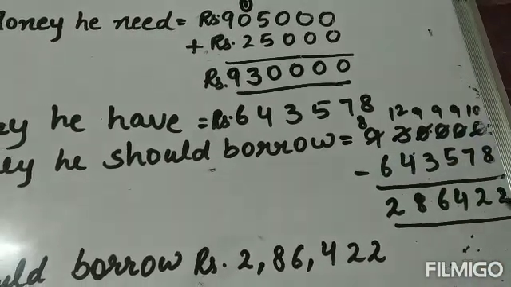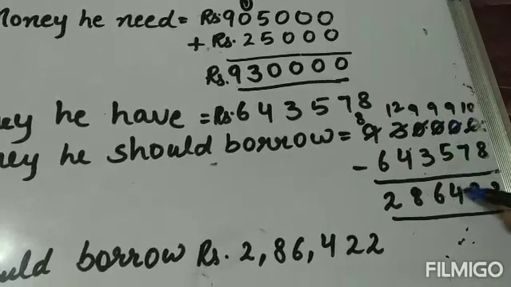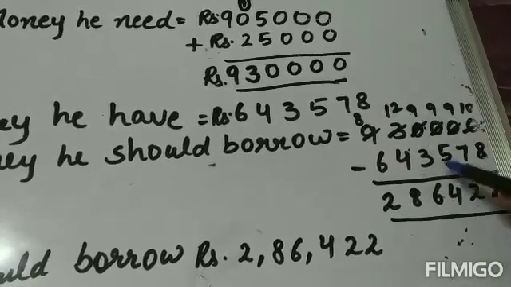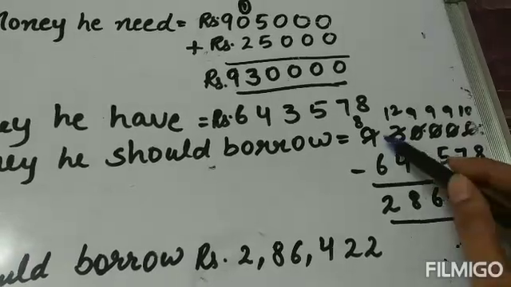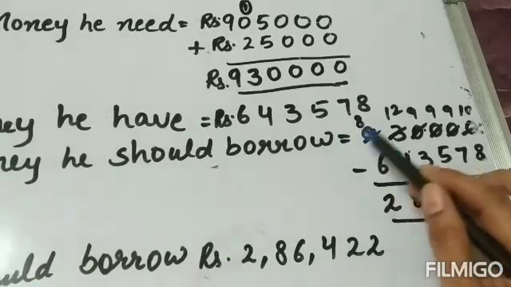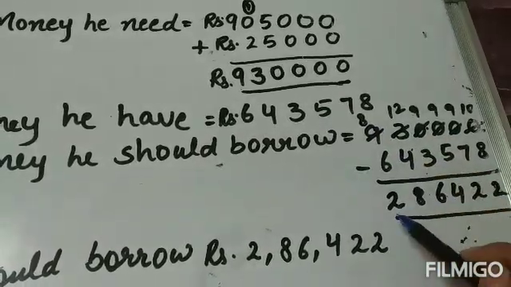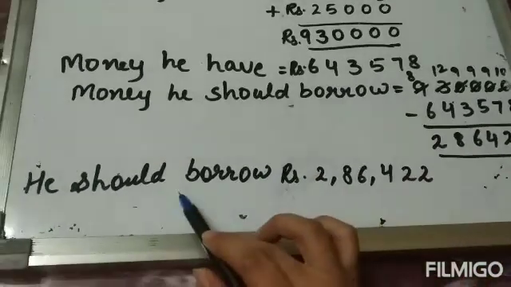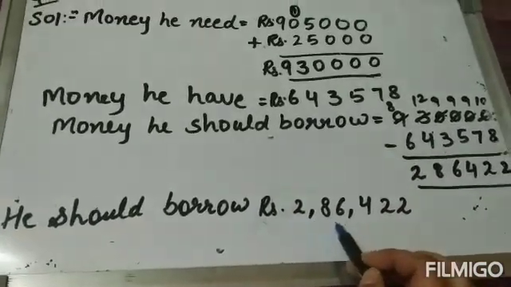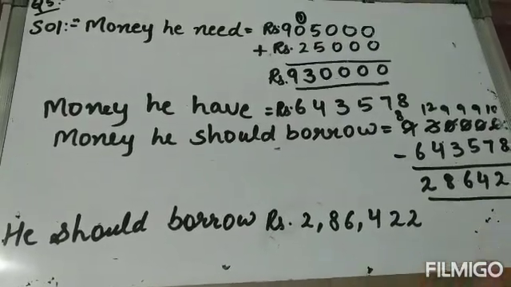So 10 minus 8 is 2, 9 minus 7 is 2, 9 minus 5 is 4, 9 minus 3 is 6. This 2 will borrow from this 9, this will become 12 and this will become 8, and 12 minus 4 is 8, 8 minus 6 is 2. So he should borrow 2,86,422 to buy the machine. Okay.